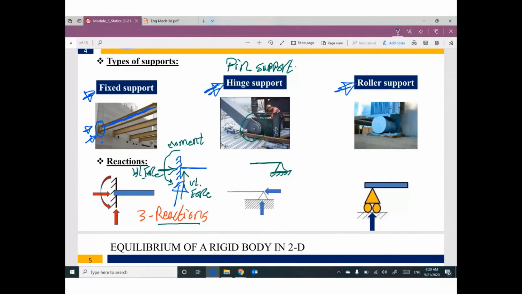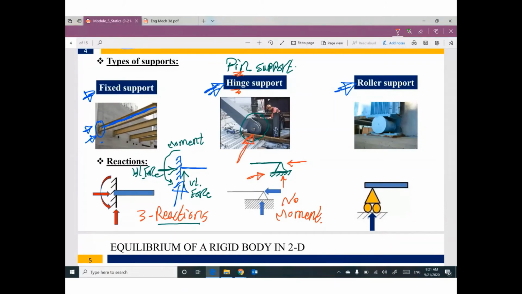If you have something like this, called hinge or pin, this support will have only two reactions, one vertical and one horizontal. We don't have a moment, no moment. We have only two reactions: one vertical force and one horizontal force. If you find this shape or symbol, it represents something in real life, as you see here.